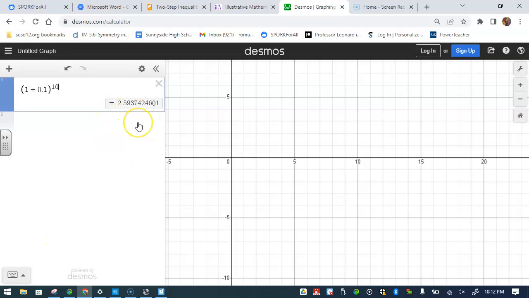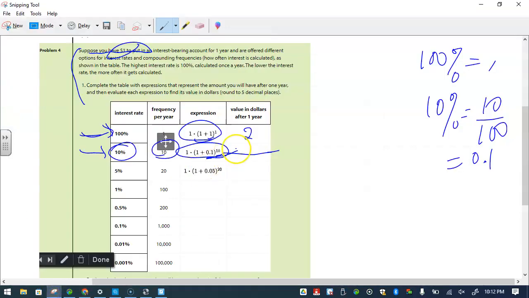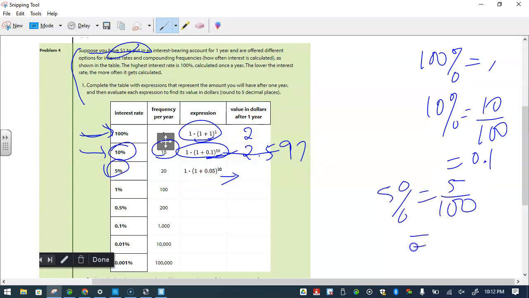And so all this number 2.55937. So here you're going to put 2.597, whatever that. Next you put the same thing. This time you're going to put 5%. Now 5% meaning 5 divided by 100, which is 0.05. So that's what you're going to put in the calculator for this part.